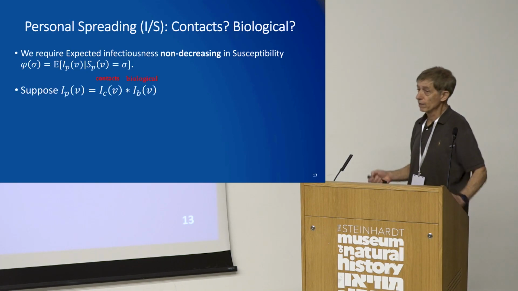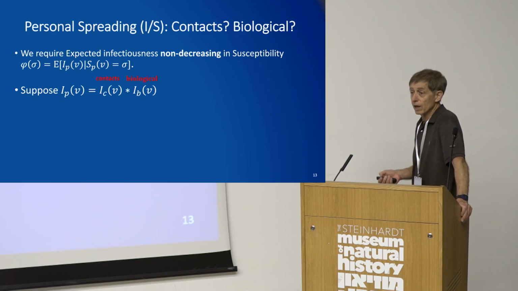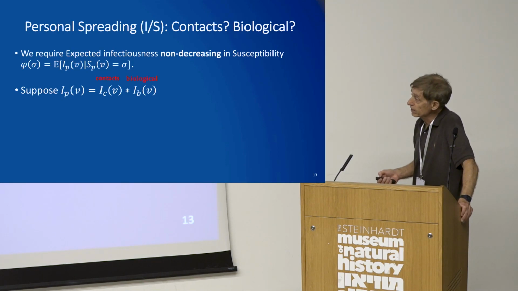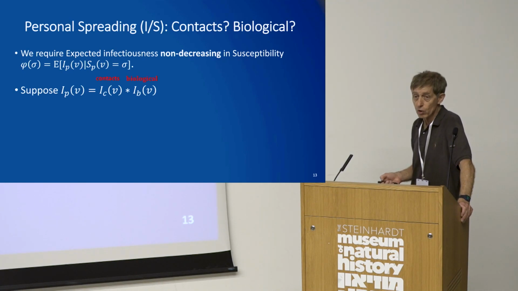Now, if you want to think about a combined model of biological and social spreading, you may say, okay, I have infectiousness due to biological terms, and I have infectiousness due to contact.